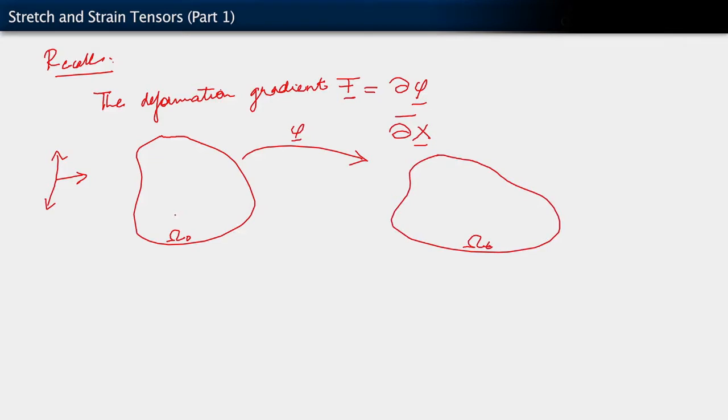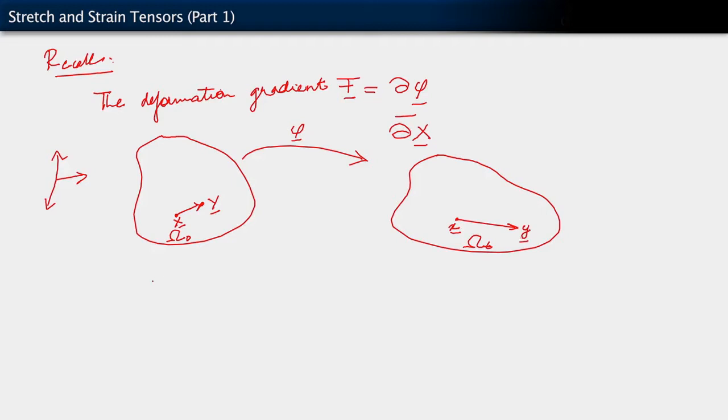What we saw was that if we have a little vector there, y minus x, under the deformation that vector could go to something like that. Little x is the deformed position of capital X, little y is the deformed position of capital Y.